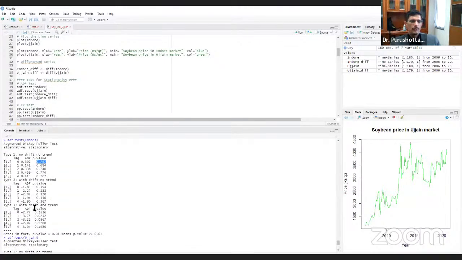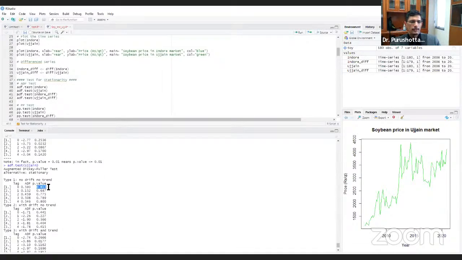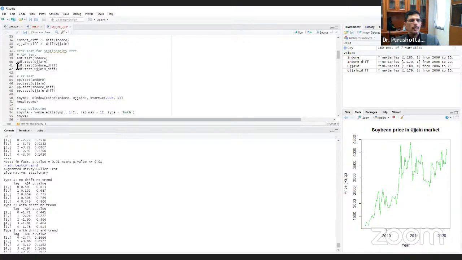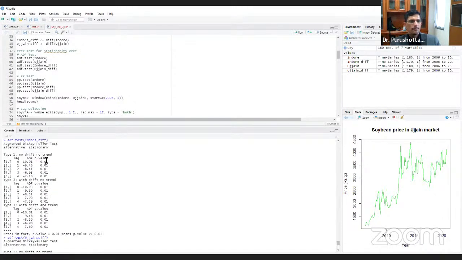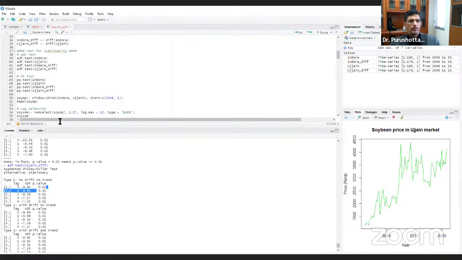The results show that there is non-stationarity at the levels. We'll go for the difference series next. So the difference series is stationary, both Indore as well as Ujjain. So we can say that both Indore and Ujjain soybean prices are integrated of order 1.